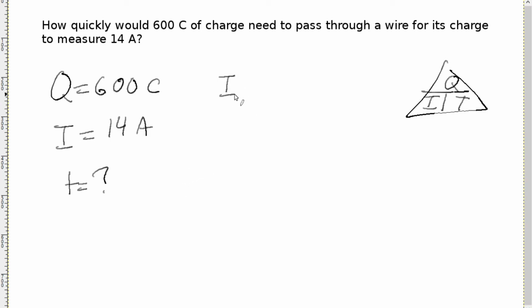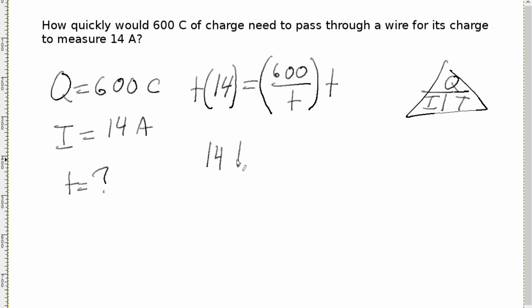So usually our formula looks like this. And if you guys remember your algebra, I hope you do, we will take this t and we need to get it up on top for it to be easier to solve. So what we're going to do using algebra is just multiply both sides by t.